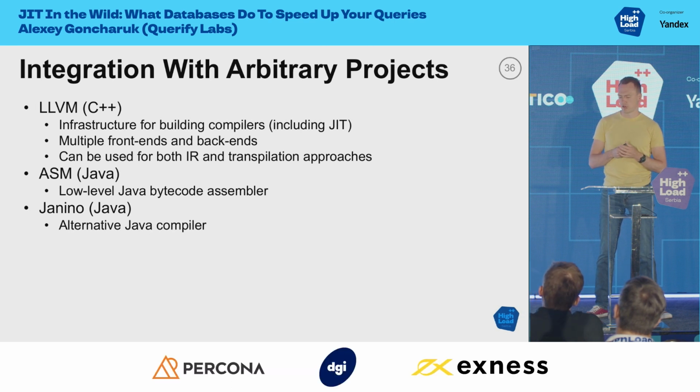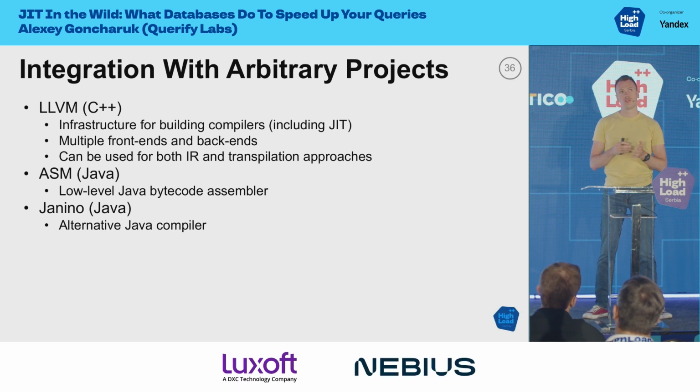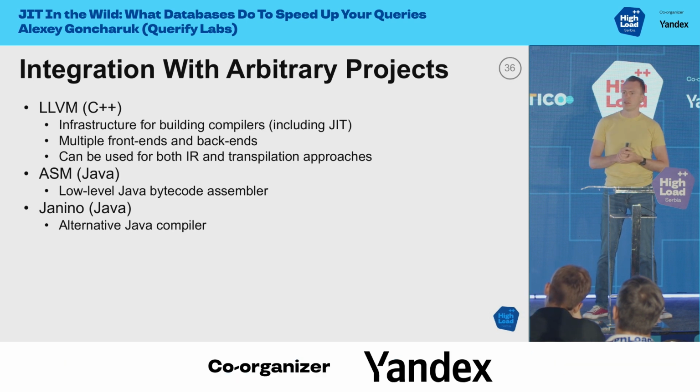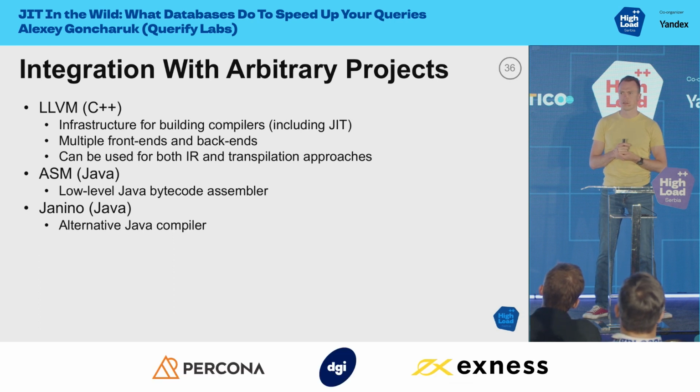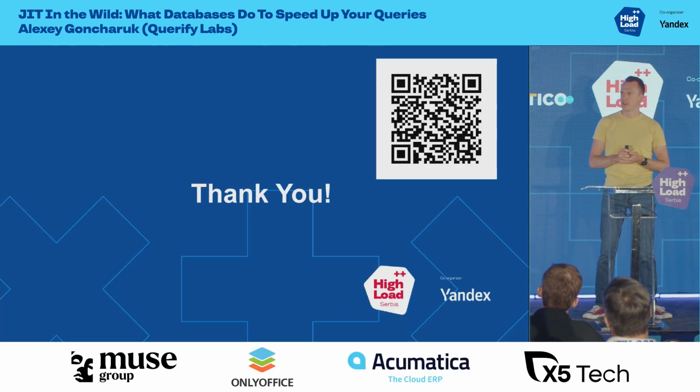And there is the Janino compiler that is used, for example, in Dremio and Apache Calcite to generate runtime operators, and in Calcite, if I'm not mistaken, it is used to generate statistics handlers. So in our experience, JIT is not as hard and scary as it may look. Thank you, and I can answer your questions if you have any.